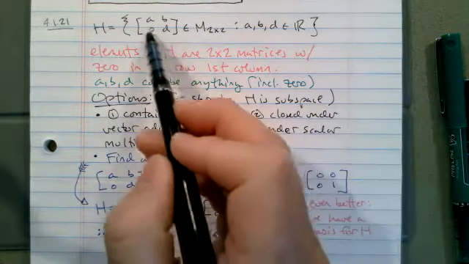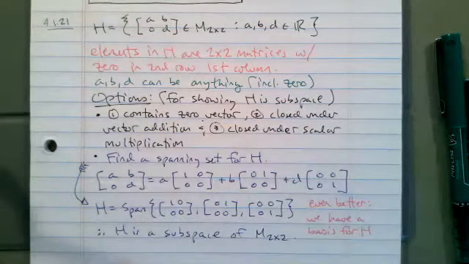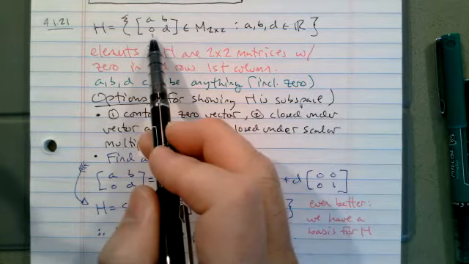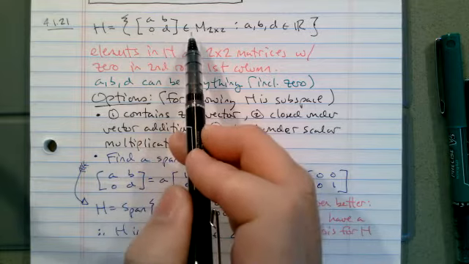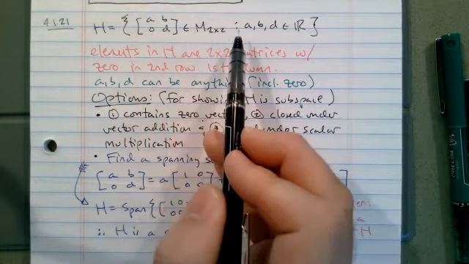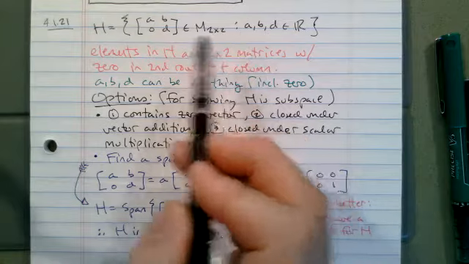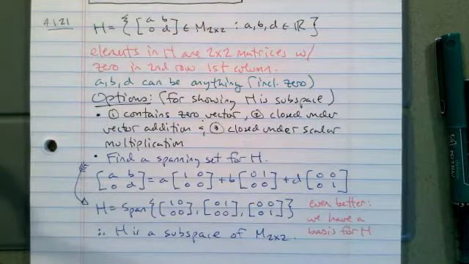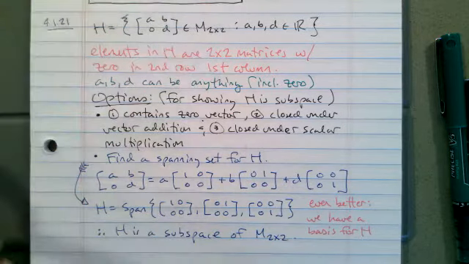Clearly the zero vector has a 0 in the second row first column, so 0 is in H. If we add two matrices of this form, the second row first column entry will be 0, plus another 0, so the sum will have a 0 in that entry. If I multiply this by some scalar k, we'll still get 0 in that entry. So we could show those three things, but we would have to do a little bit more writing to get that out.